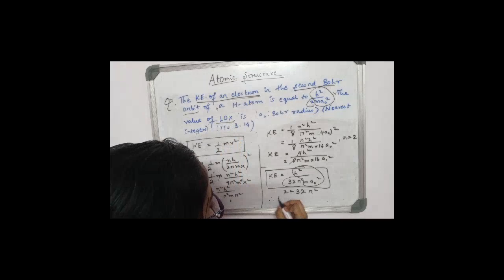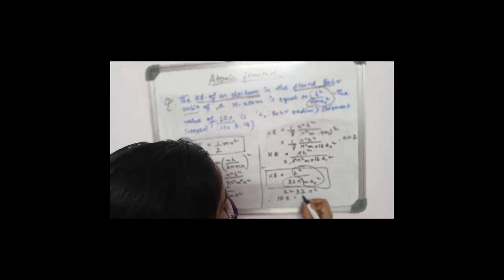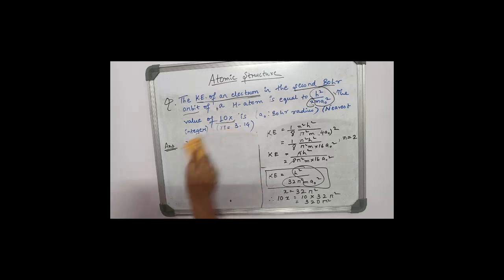So therefore, 10x is equal to 10 into 32 pi square, which is 320 pi square.